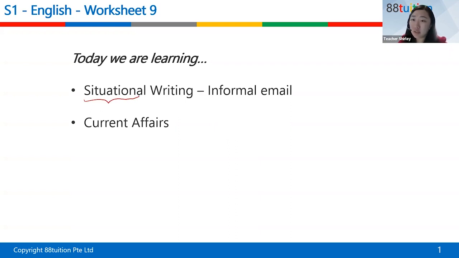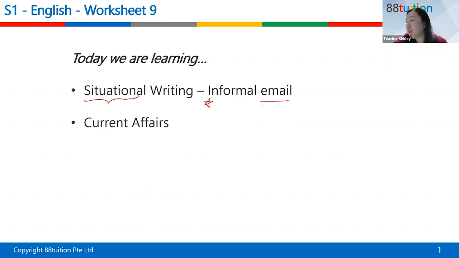Based on the situation or the text, it can be an advertisement, a poster, a brochure, a pamphlet, or whichever, you are supposed to deliver your task. There are different genres, and today we will focus on informal email.